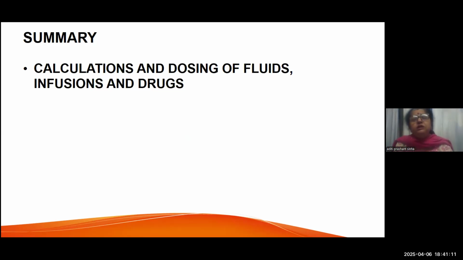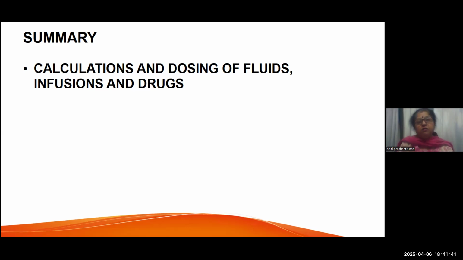So that is the summary of this section. I have given you examples of how to calculate various dosing of drugs, fluids, and infusions, and with various examples of how it can be used for tablets, for syrup, for micro drip, macro drip, as well as for the infusion pump, and also for the piggyback, if that has to be used, how it has to be applied.